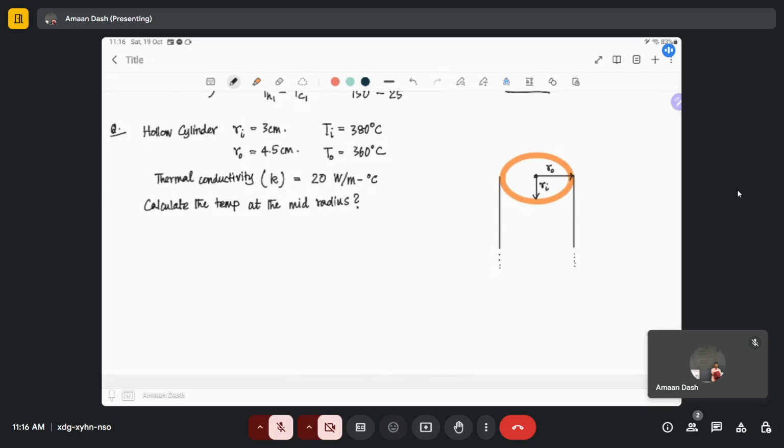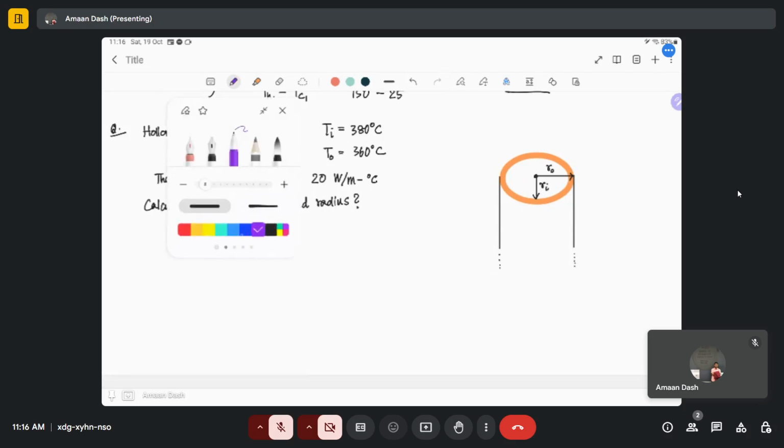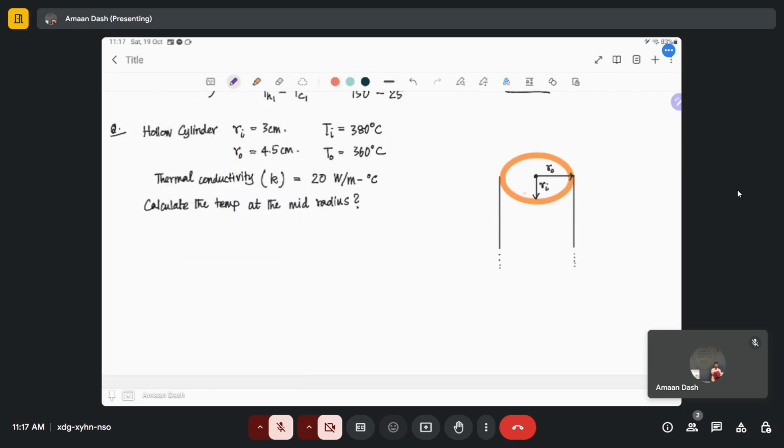So I think now you can clearly picturize this. You have to calculate at the mid radius somewhere here.